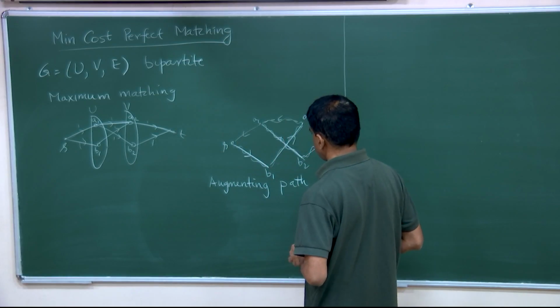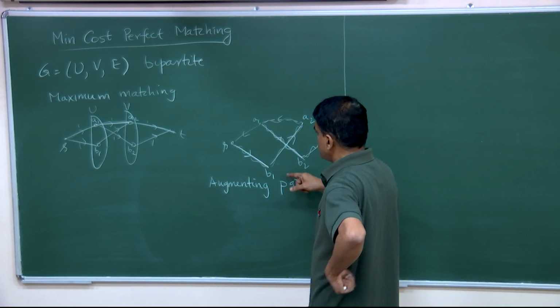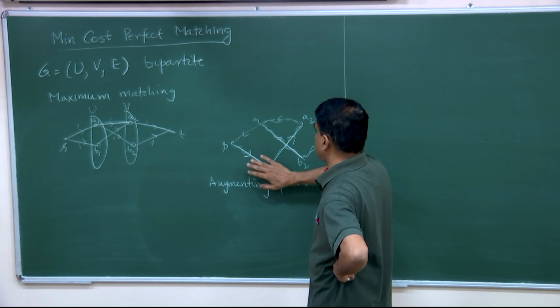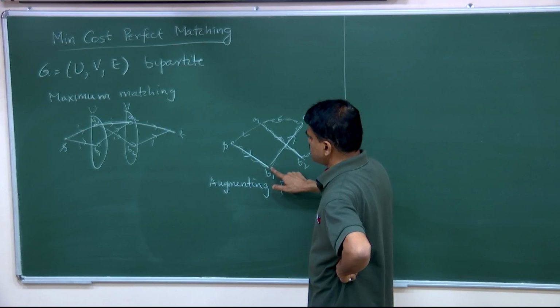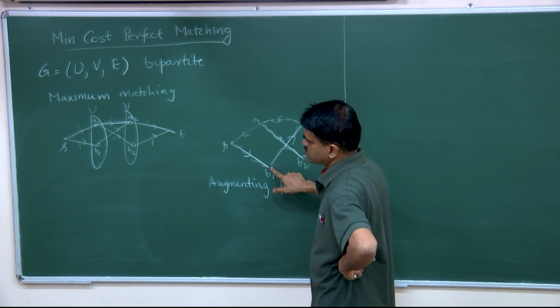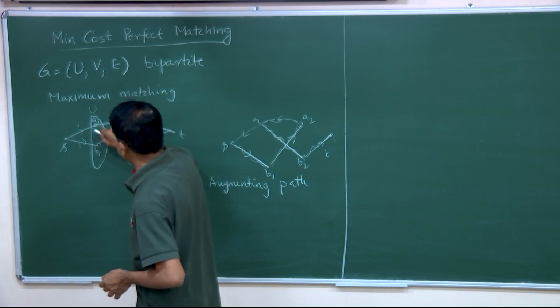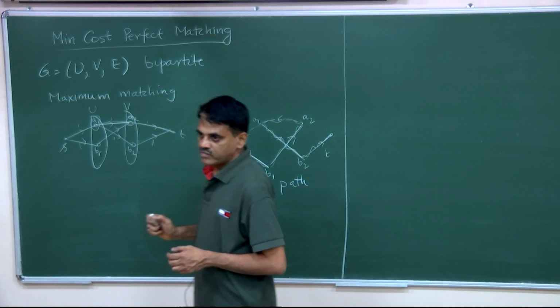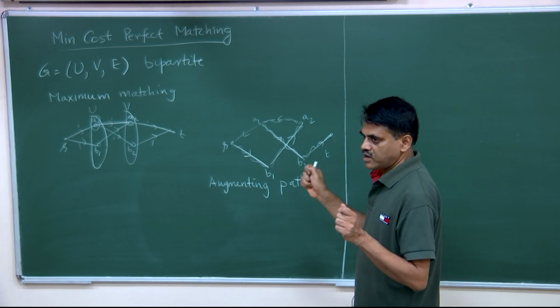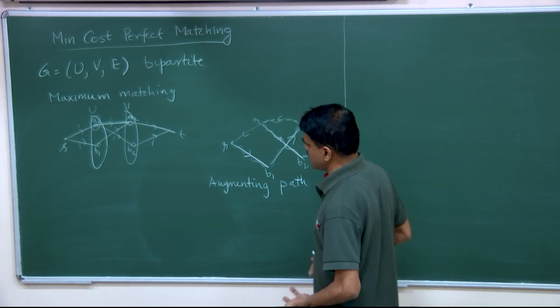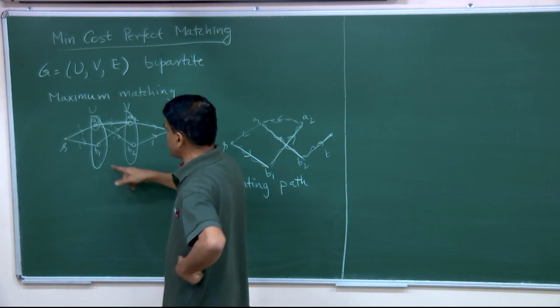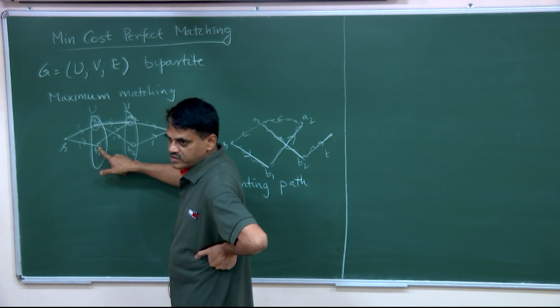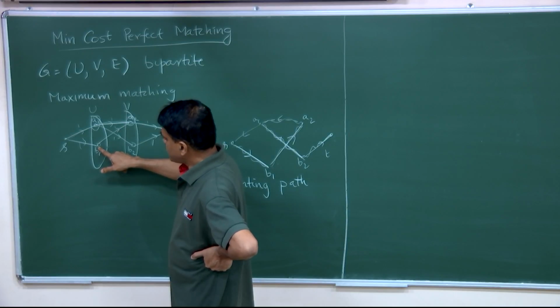So what is an augmenting path? Ignore this S, B1. It starts with an unsaturated vertex. After this matching, A1 and A2 are saturated. They have a matching at both endpoints. So this new augmenting path starts with an unsaturated vertex, and it takes an edge.